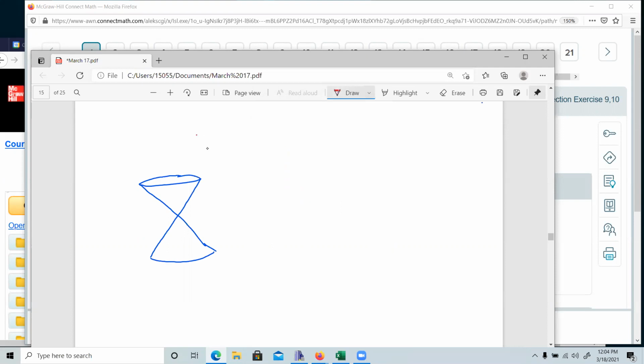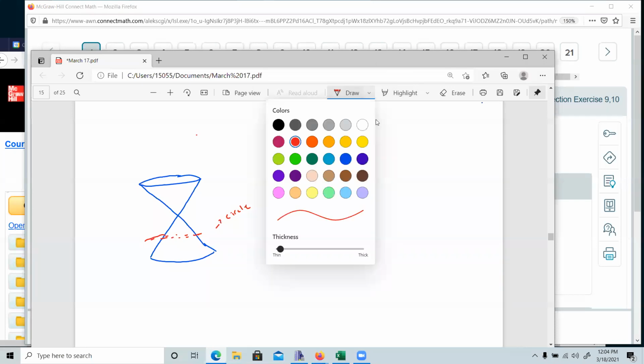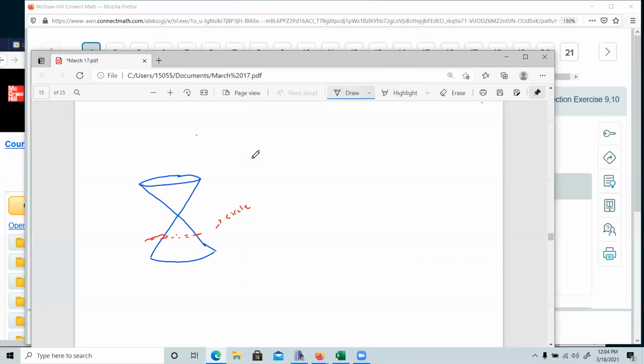If you put a plane directly through it, and you look at what's the cross section, you're going to get a circle. If you make that plane a little bit tilted, you're going to get a circle that's elongated. You're going to get an ellipse.